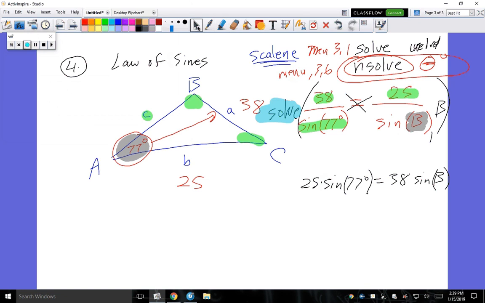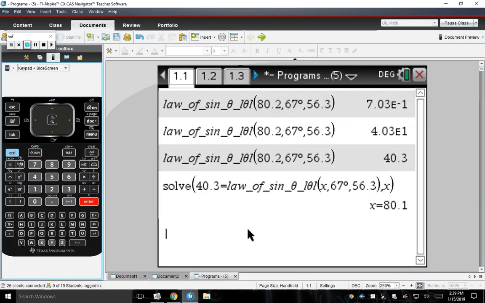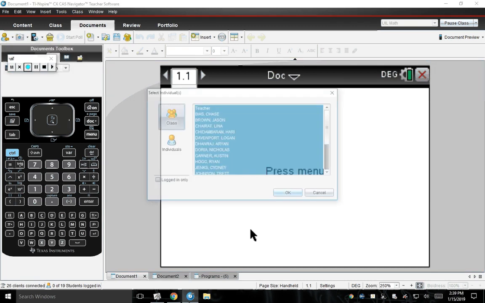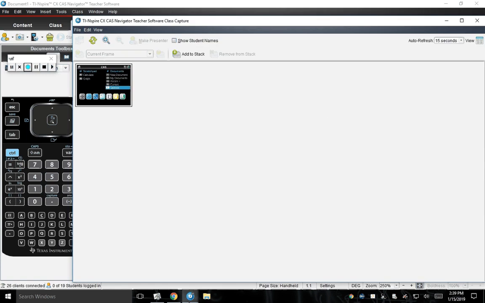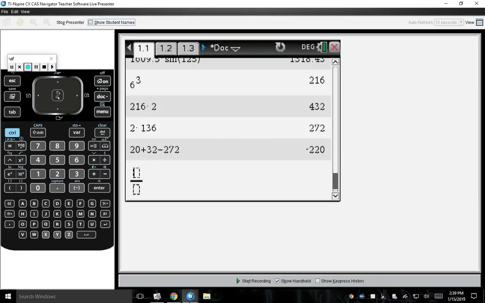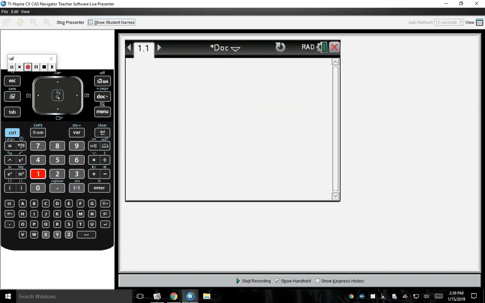Alright, so let's go ahead and go to the calculator real quick. Let me pull up something real quick. I'm going to sign in, and I'll talk you through how to use this insolve feature for this particular one. So, no to unsaved changes, new calculator page.